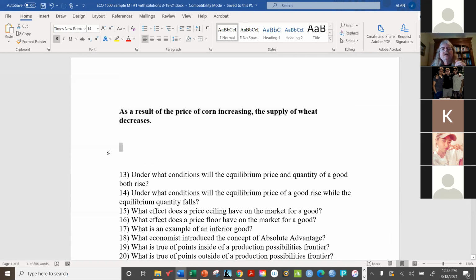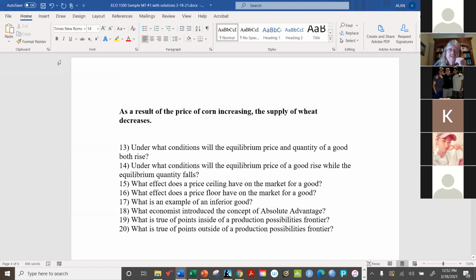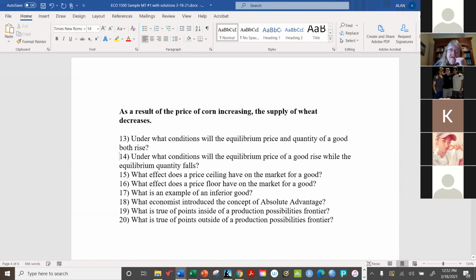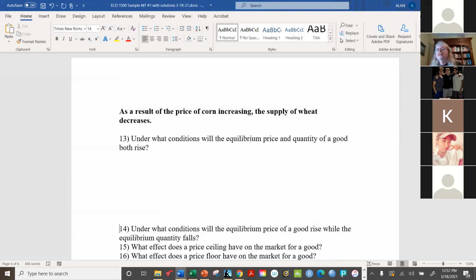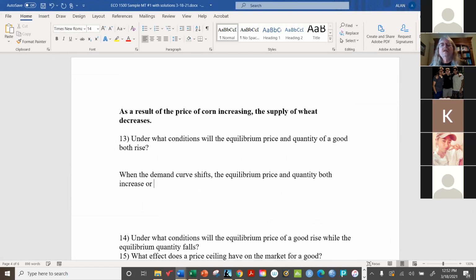All right, now under what conditions will the equilibrium price and quantity both rise? Well, here's one way you can think about this. This is meant to be a helpful hint. I just want to remind you, and I mentioned this once before, when the demand curve shifts, the equilibrium price and quantity both increase or they both decrease.